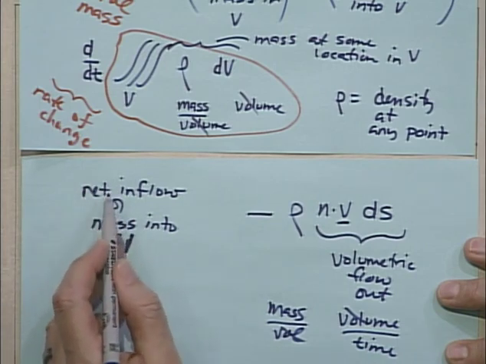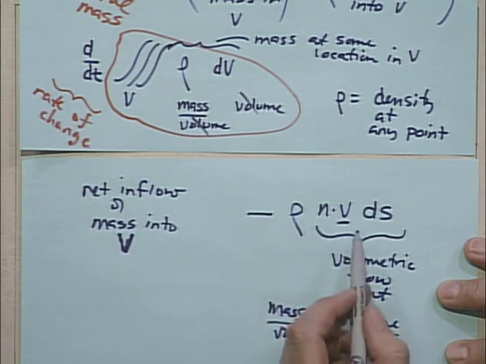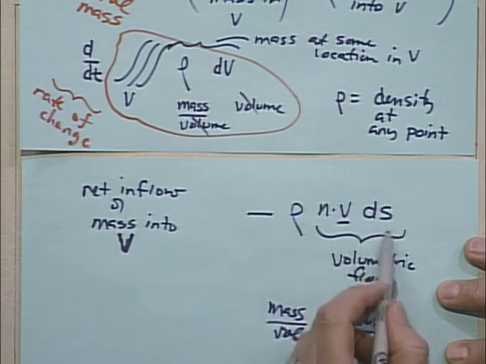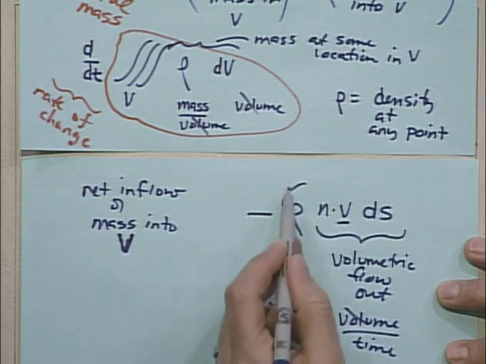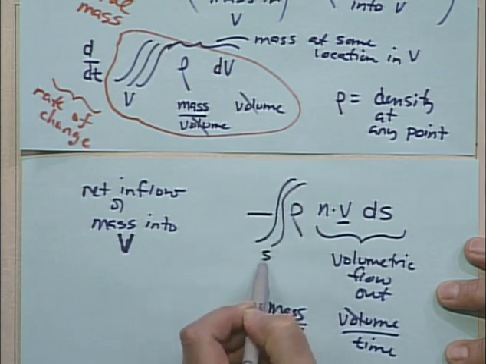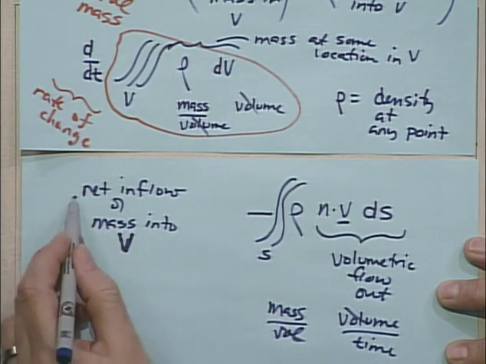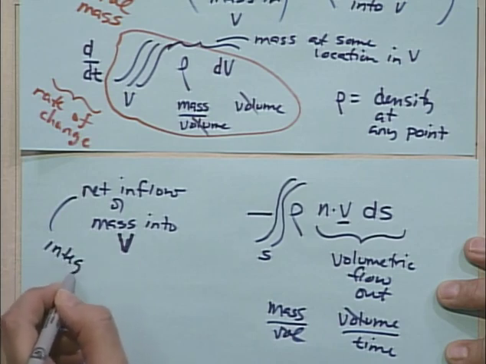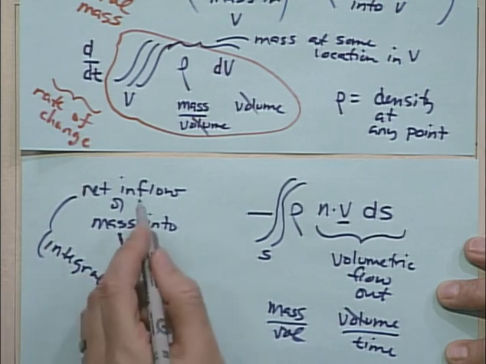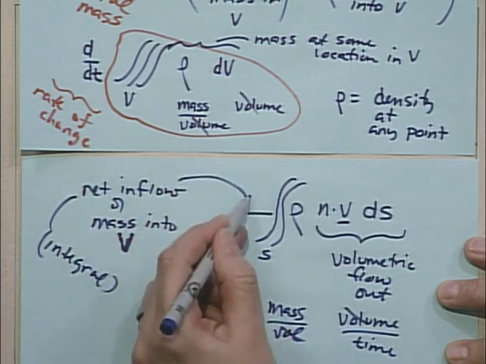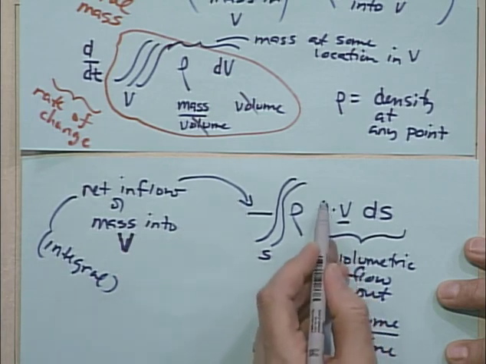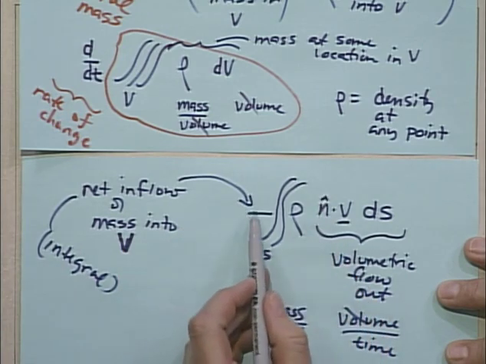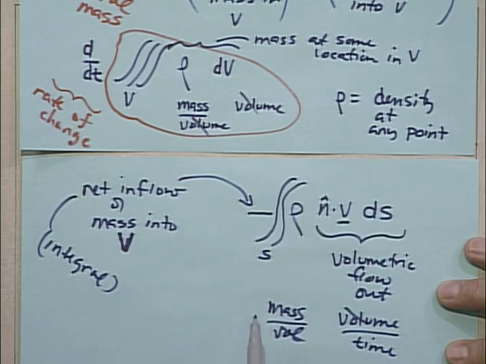This is the mass outflow through the surface S. If I integrate it over the entire surface, I get the net inflow. The n was the outflow coordinate, and the minus sign makes it inflow of mass into the volume V.